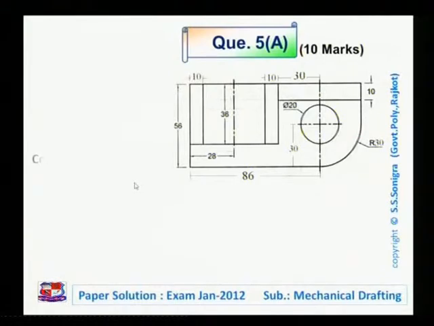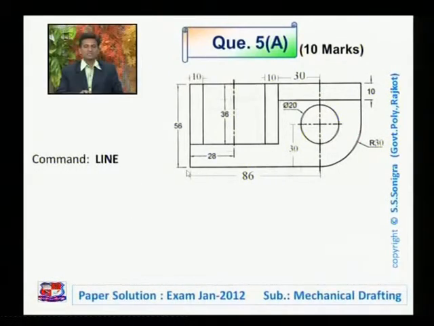Of course, the first command would be the line command, because we start from this end. To write the sequence of commands in AutoCAD, first we assume one origin point in this diagram. Let me assume this is the origin point, or this point is 0, 0.